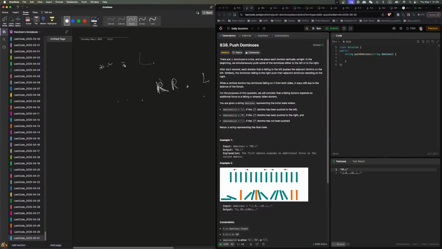So I can turn this into a left. I'm not sure. Oh, we can try to find pairs.